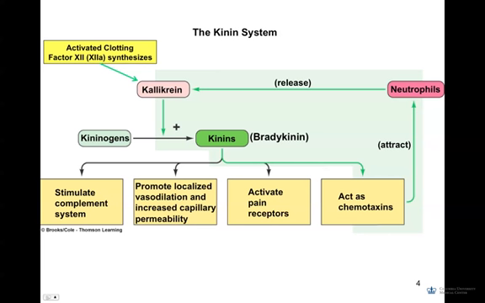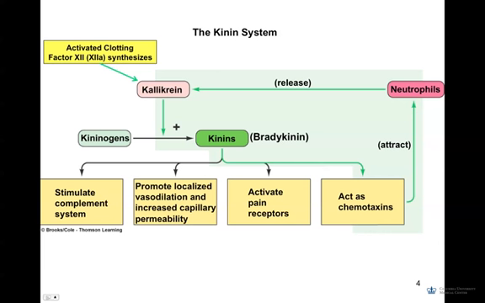So how do we activate this kinin system? Well, there's a couple of ways that the kinin system can be activated. Number one, the enzyme that's needed to activate the kininogens into active kinins corresponds to the activated clotting factor 12. So the activated clotting factor 12 produces the enzyme that activates the kinin system.